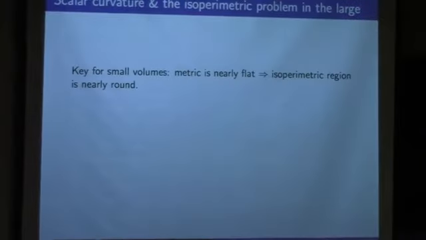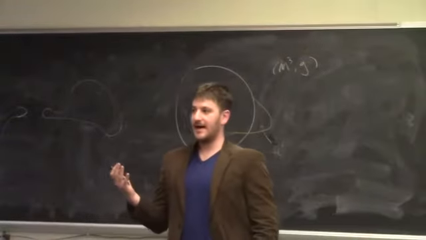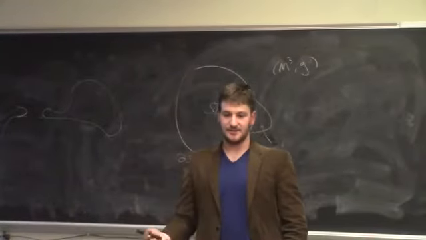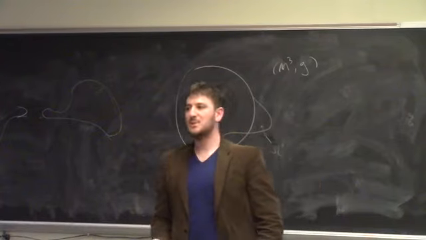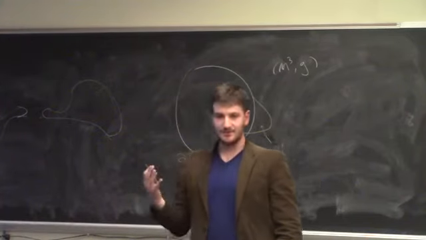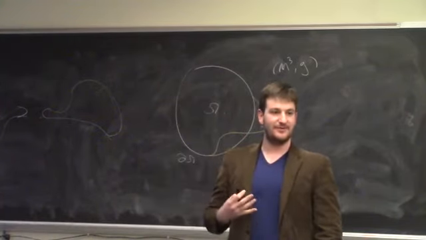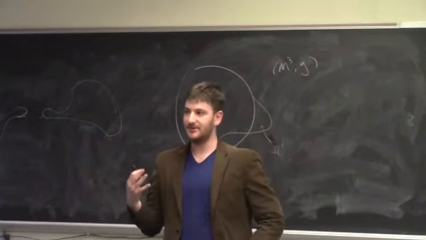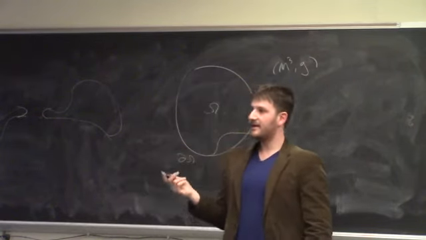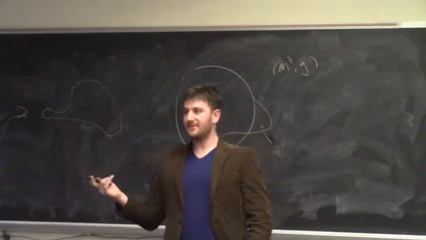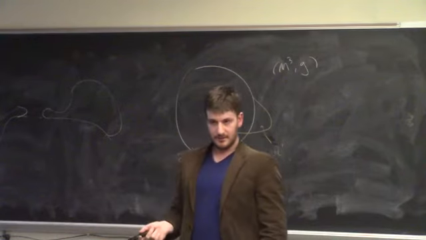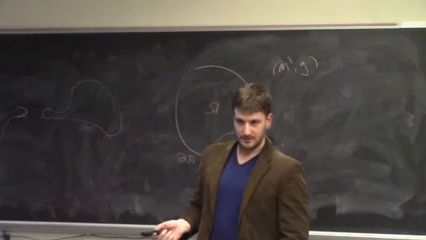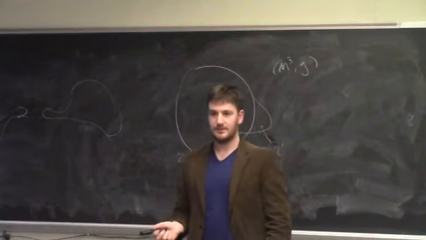Since I've given up on describing general manifolds, I want to say something about scalar curvature and the isoperimetric problem. The key input to the previous result I talked about is that the manifolds are dimension 3 and higher, where you get this tree of spheres, not 2.